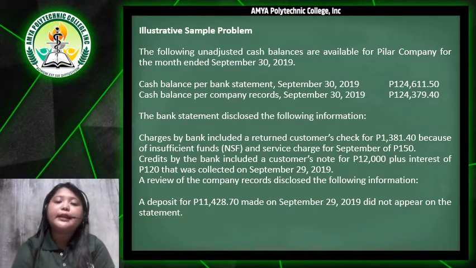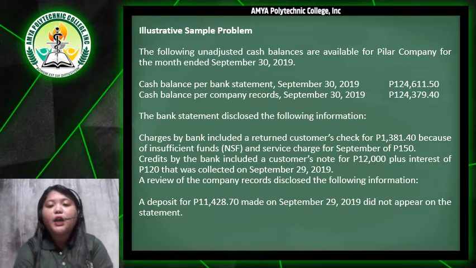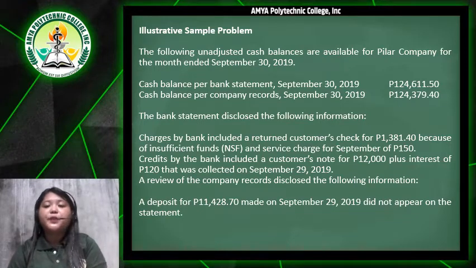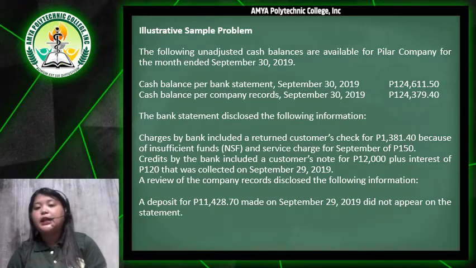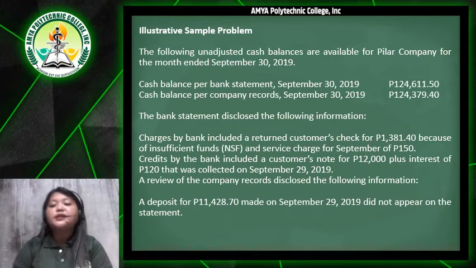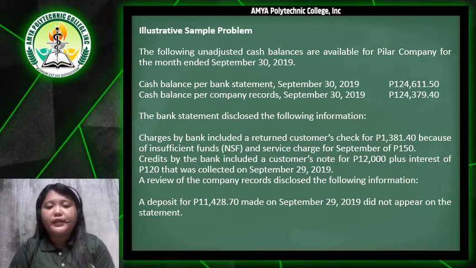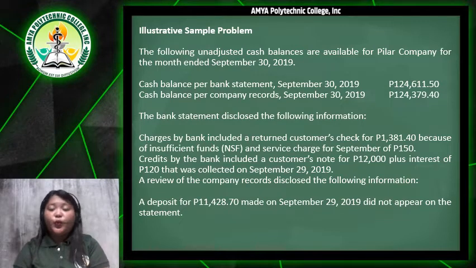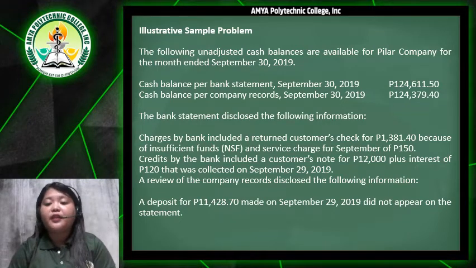The following unadjusted cash balances are available for Pilar Company for the month ended September 30, 2019. The cash balance per bank statement on September 30, 2019 is 124,611 pesos and 50 centavos, while the cash balance per company records on September 30, 2019 is 124,379 pesos and 40 centavos.